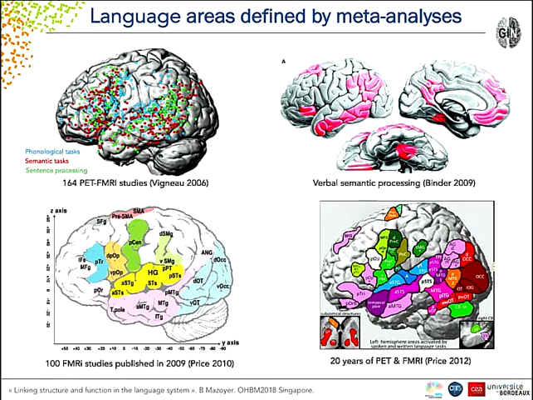So this is a study done in our lab years ago with 164 studies from the literature. You take the peak of activation, you map them on the left hemisphere, and each of these dots is one study. Okay, and so you can see that there is a rough distribution of the study across the inferior frontal.